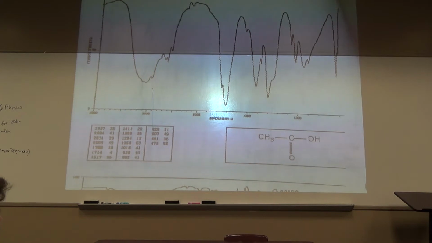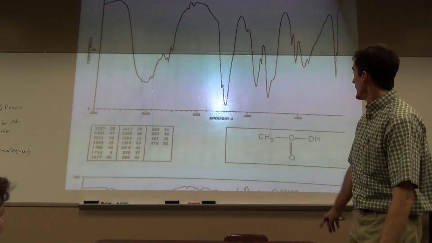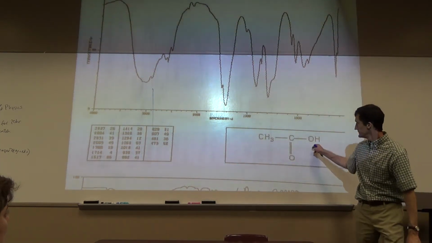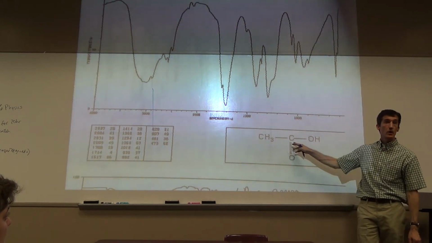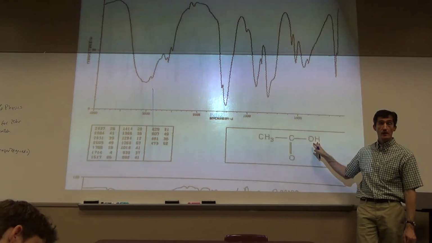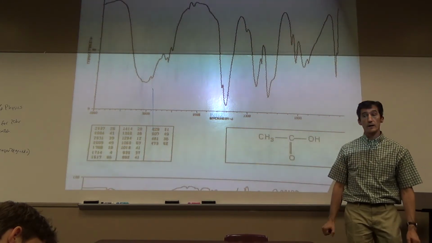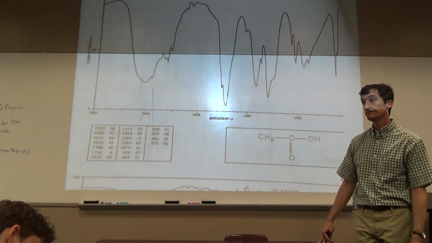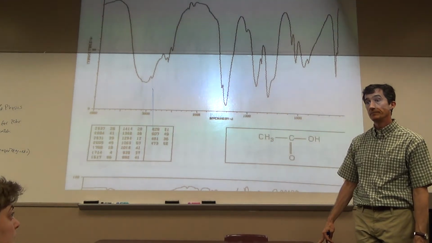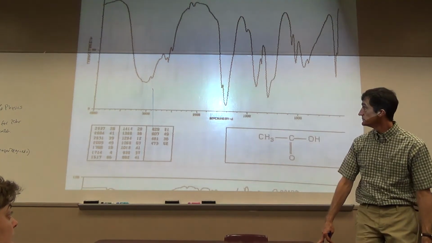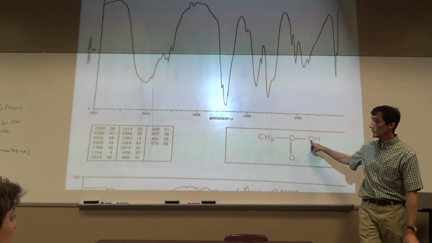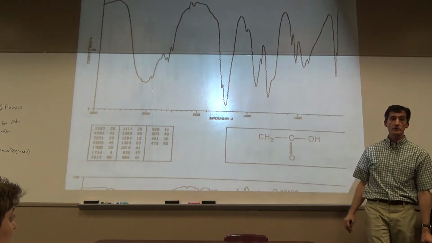I think we've got just a couple more to go here. What functional group do we have here? Carboxylic acid. It's your main acidic functional group for organic. What does the table say about the OH of a carboxylic acid?